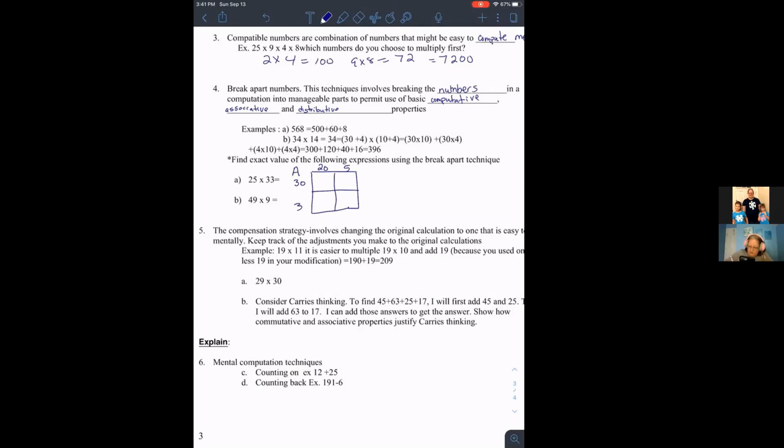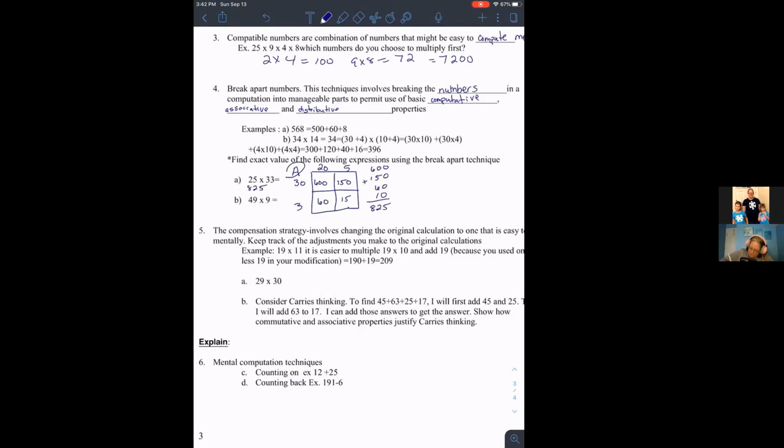So you would take 30 times 20 is 600, and then 30 times 5 is 150, and then 3 times 20 is 60 and 3 times 5 is 15. And then you would add up 600 plus 150 plus 60 plus 15, and that would give you 825. So A would be 825.